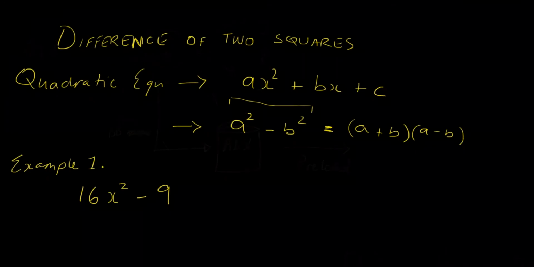Let's try and express this as a series of squares. So what number is the square of 16? What's the square root of 16? First of all, what is it? It's 4. So I could write it as a series of squares. This is the same as saying 4x whole squared.